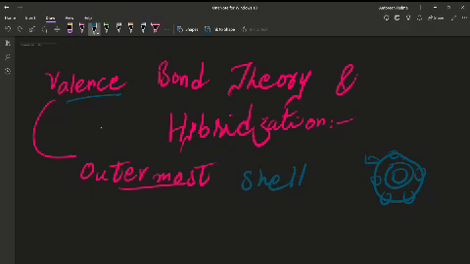Because the bonding is due to the valence shell, it is based on the valence bond theory, in which we are going to study the bonding because of valence electrons, okay, the electrons present in the valence shell, right?